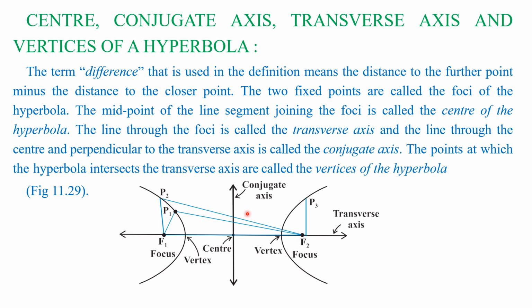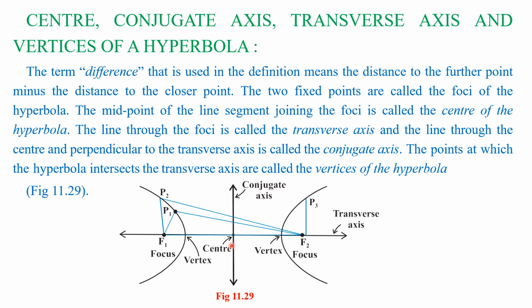Here difference in the definition of hyperbola means the distance to the further point minus the distance to the closer point. Like this we have to take the difference. Okay, my children. Then these two fixed points are called foci of the hyperbola. And the midpoint of the line segment joining these foci is called the center of the hyperbola. Understood this point, my children?